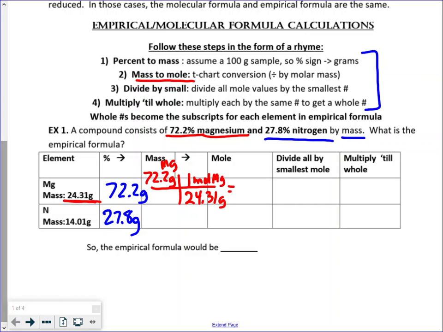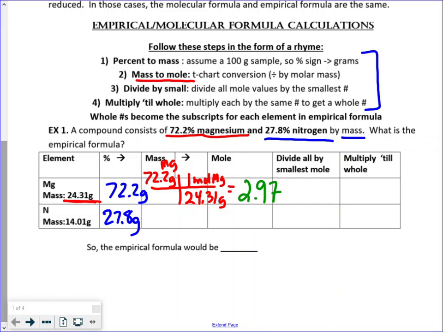Realize too, 72.2 has 3 digits in it, so you would want to keep your moles to have 3 digits as well. So we would make this 2.97. Remember, taking the 72.2, dividing it by the 24.31.